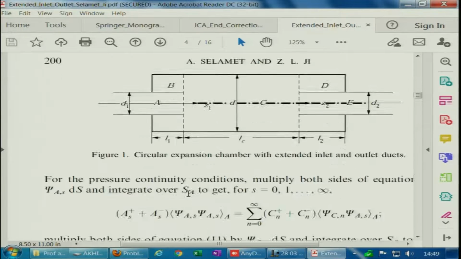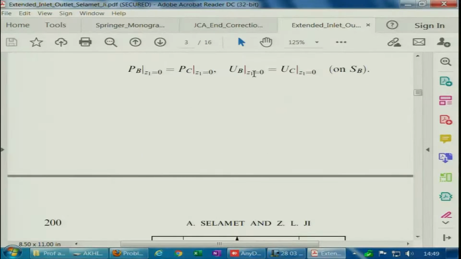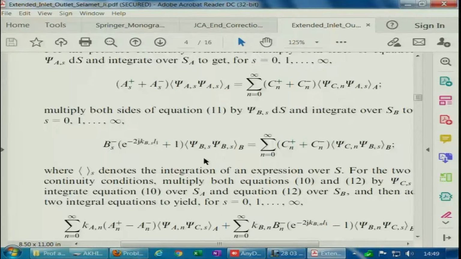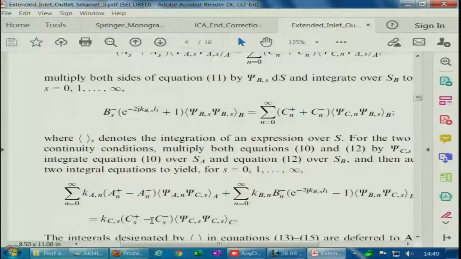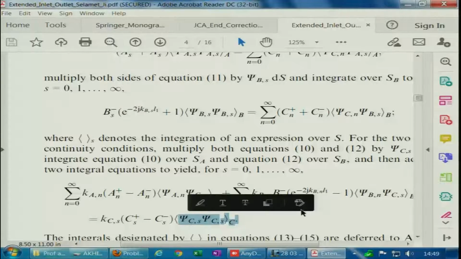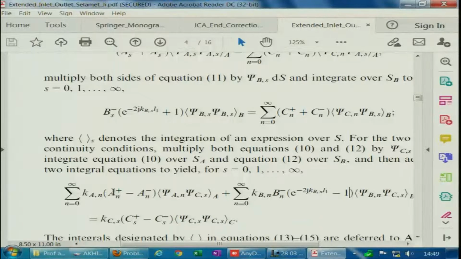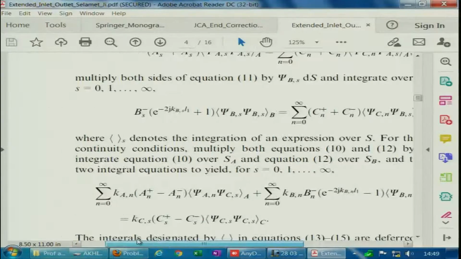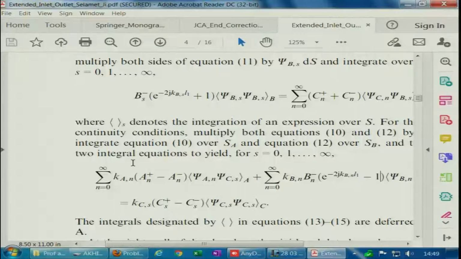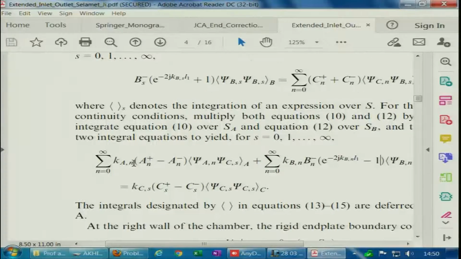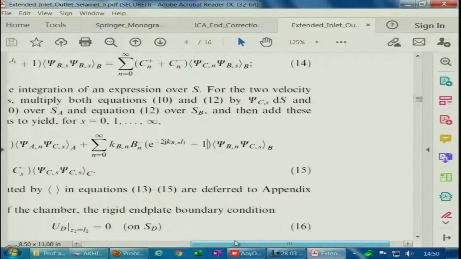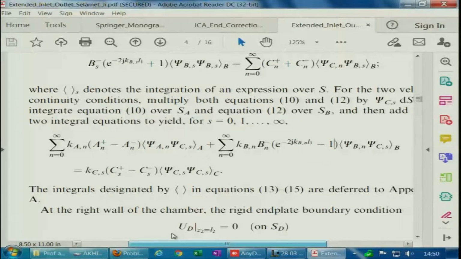Similarly, multiply the other velocity condition with the modal function for this one, integrate over the annular area, and then add them. Only when you add them, only this particular term survives, and in the other set of equations, other terms will be there. The integrals designated by this are referred to the appendix of this paper.